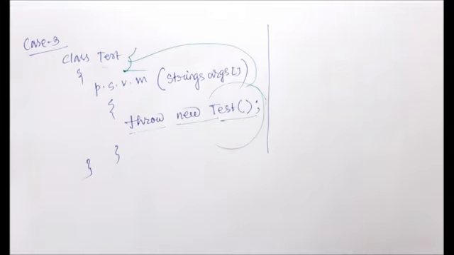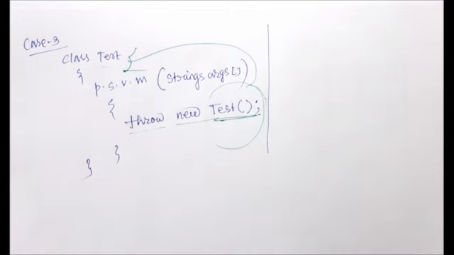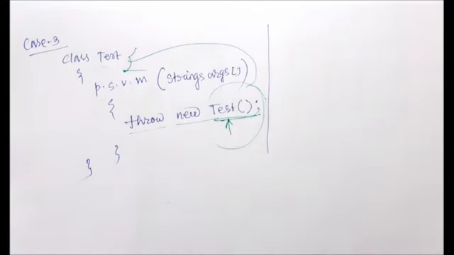Why? Because whenever we are going to throw an exception, the exception object must be throwable. Here Test is a normal Java class, so it does not belong to the exception class. We know the hierarchy of exception, so this must be one of the exception classes.